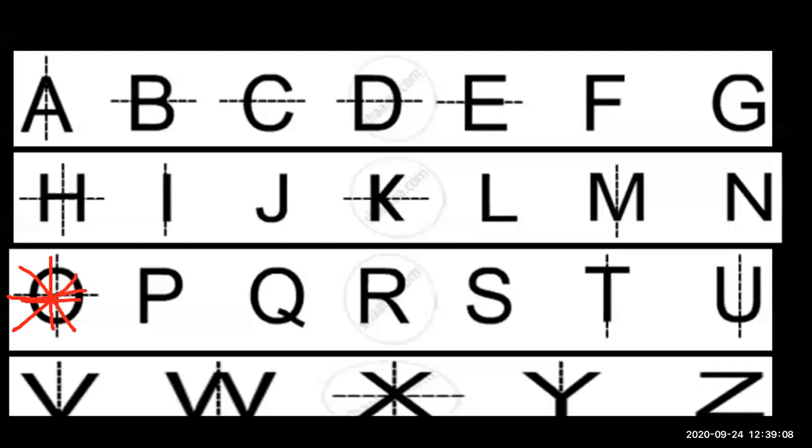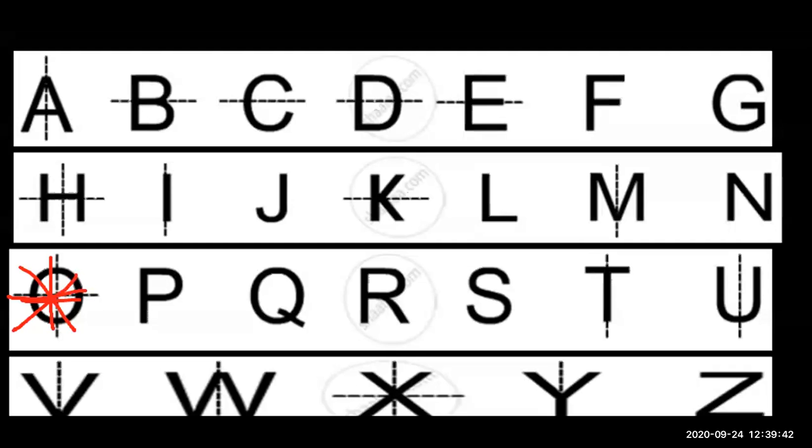Just see it properly and write the names of the alphabets which can't have any axis. The alphabets F, G, J, L, N, P, Q, R, S, Z. This type of alphabet doesn't have any type of axis. It can't make any axis.